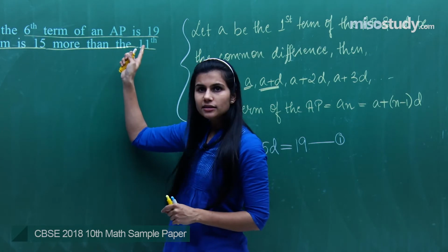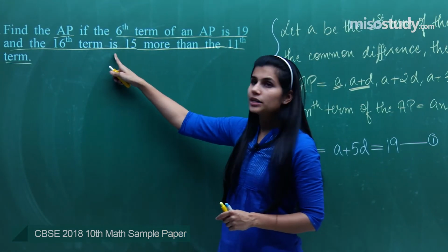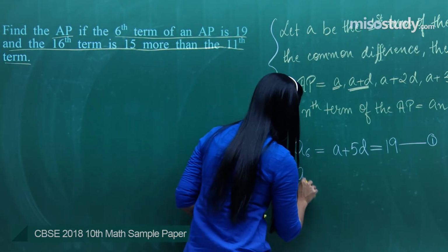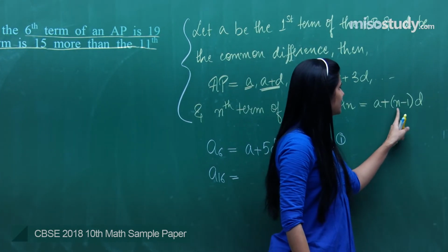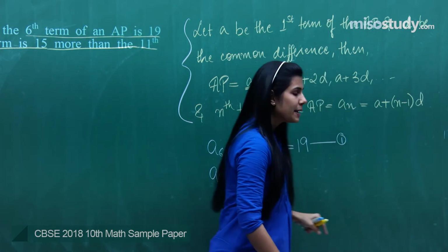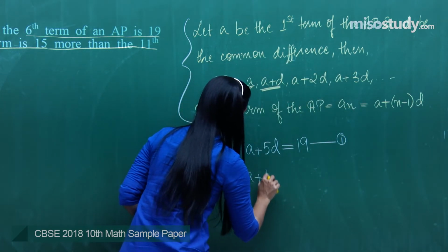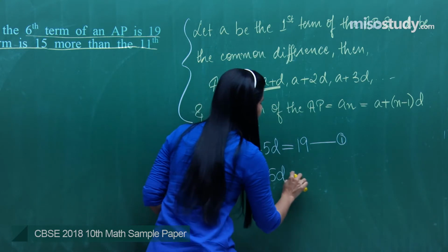Sixth term is 19. Then it is saying 16th term. So the 16th term is A16, which is A plus 16 minus 1 into D, so A plus 15D.